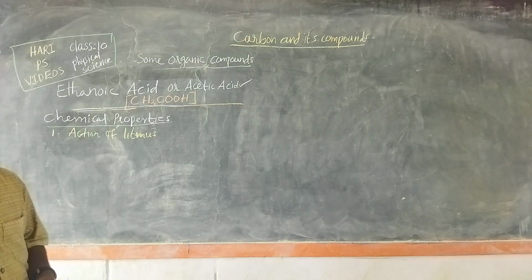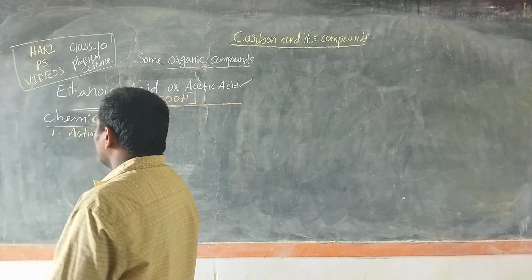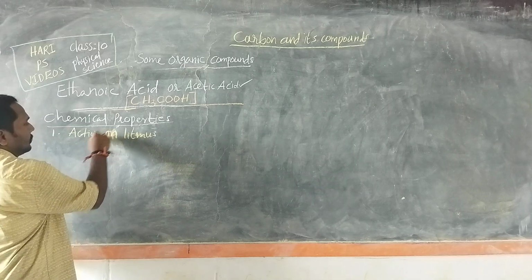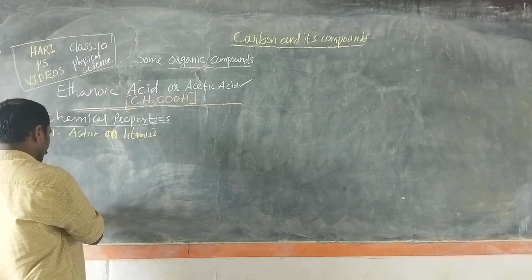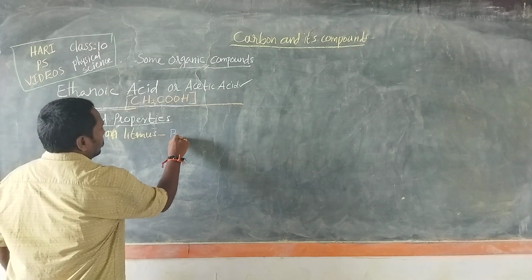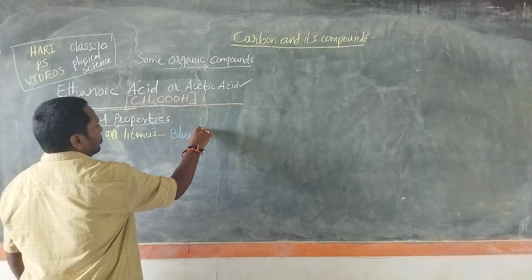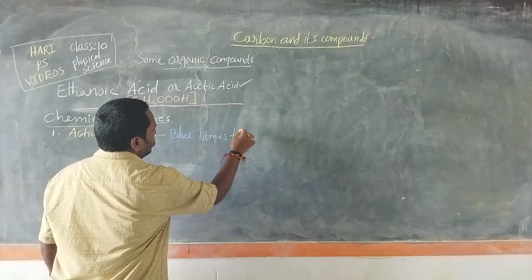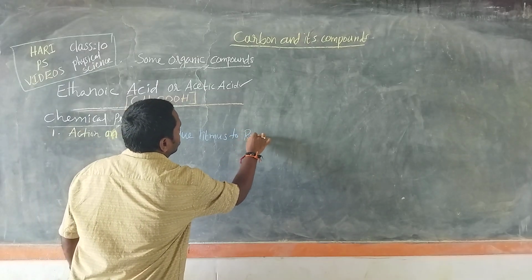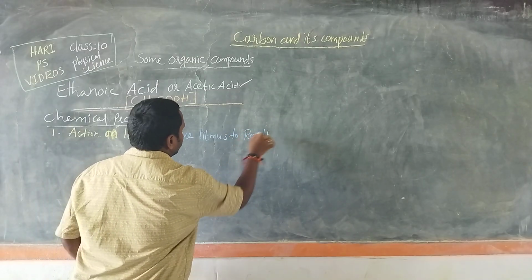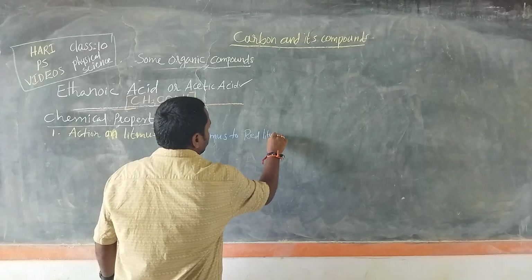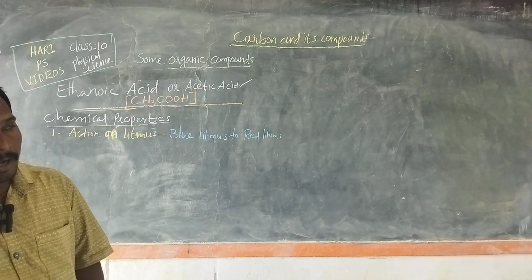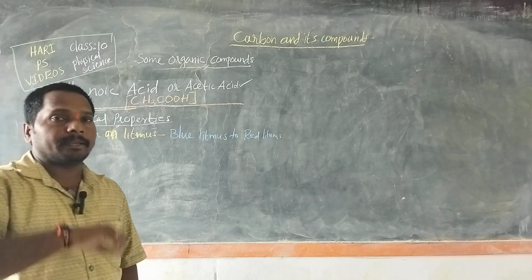It turns blue litmus to red litmus. Carboxylic acid is acidic in nature.